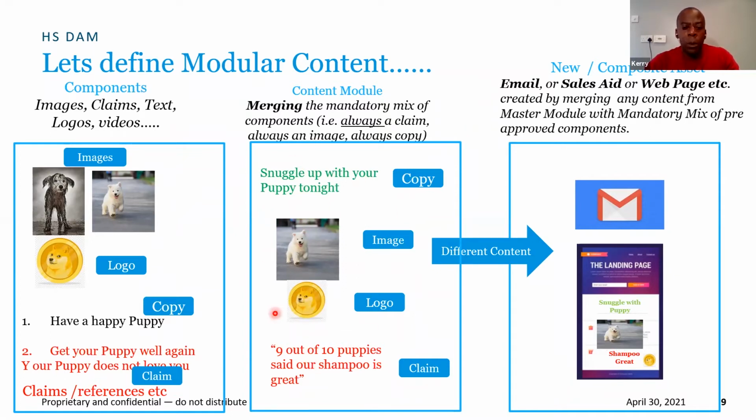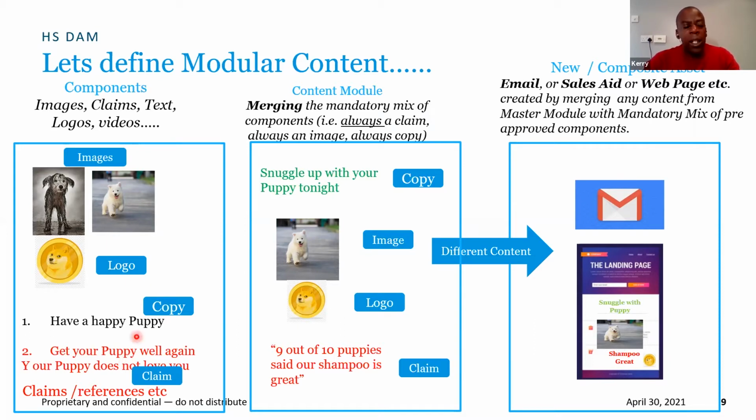However, when they are all brought together, they ought to have the meaning which the promotional item needs to articulate. What you won't do is have a dirty, horrible dog, and text that says your puppy does not love you. So the business rules around how these various components should be combined are also built into how they can be merged.